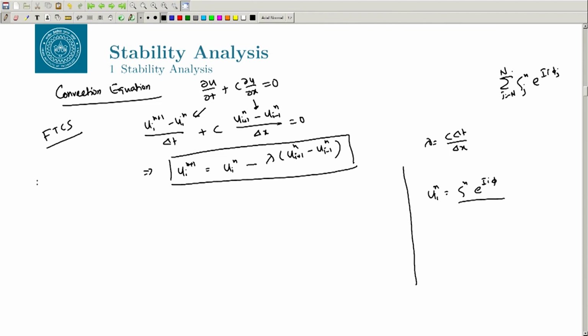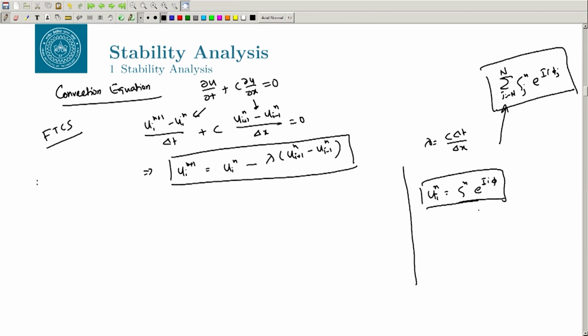So, this is basically a combination of many different waves, but what our stability condition says is that for any of the waves, it should not grow unbounded in time. Okay, that is the criterion. So, we can analyze any given wave, right. That is why we are taking out the summation sign, and we are just working on any wave.